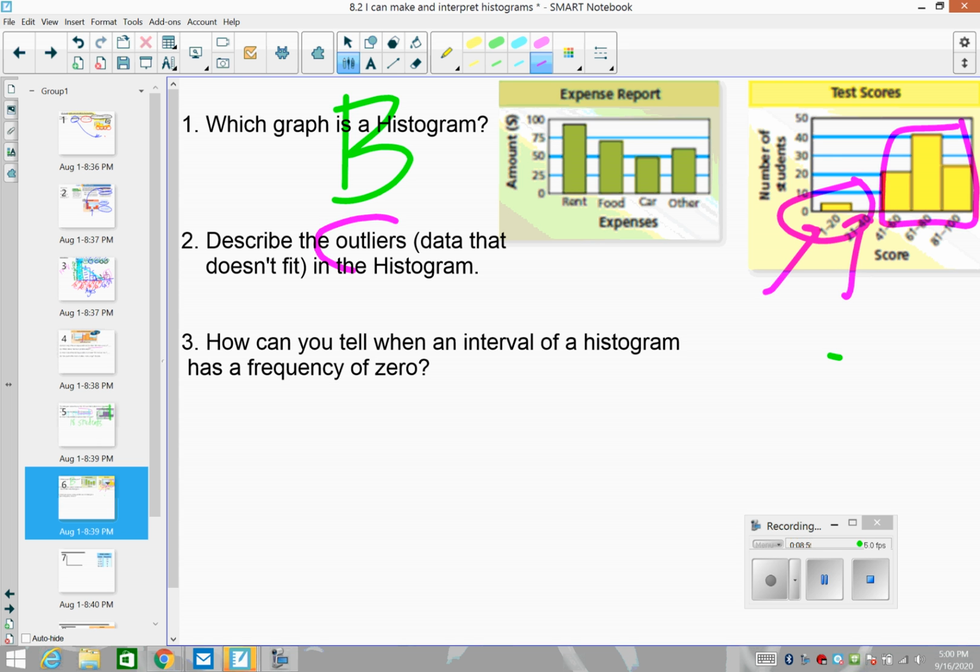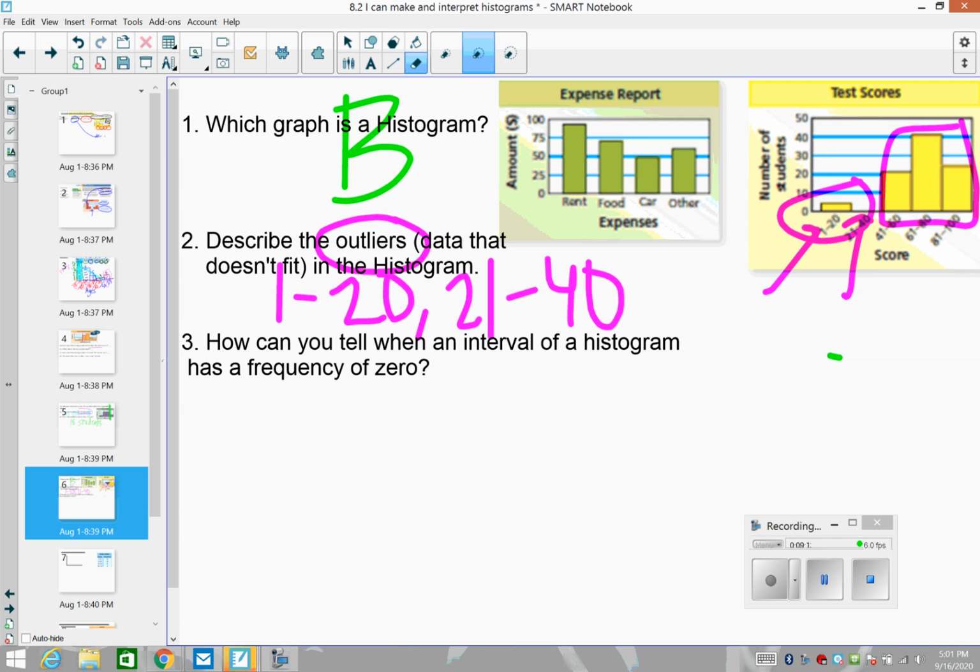So the outliers really would be the categories of 1 through 20, very, very few kids, and 21 through 40, no kids scored. So when we say outliers, we really mean like the outcast of the data. The data that just doesn't really fit in is sitting on that lower end there. That's good vocabulary for you there.